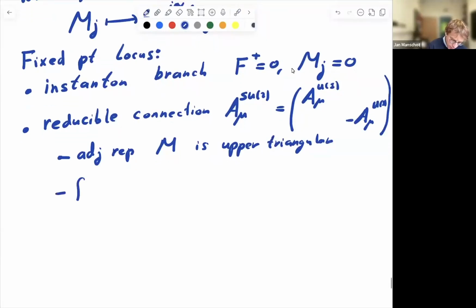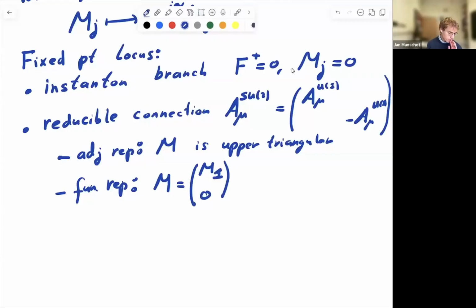And for the fundamental representation, M takes the form of M_1, and the second component is equal to 0. These configurations where we have a non-vanishing monopole field or spinor are known as the monopole branch.